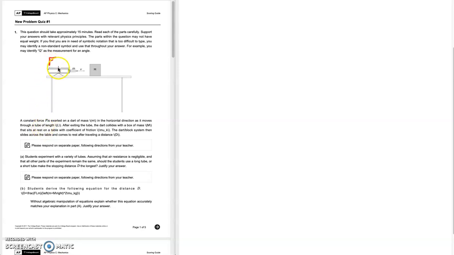So force and distance together should indicate work, being the integral of F dot dx, and they tell us that F is constant for part A. So we can bring that out of the integral and just integrate distance. We're going to go from 0 to the length of the tube. So the work being done is FL.